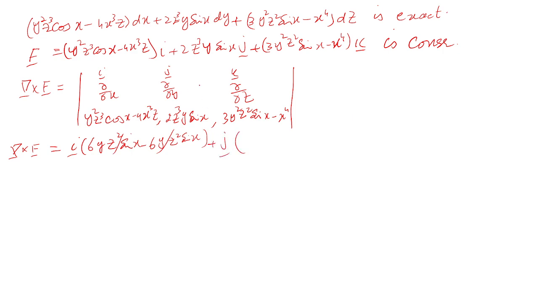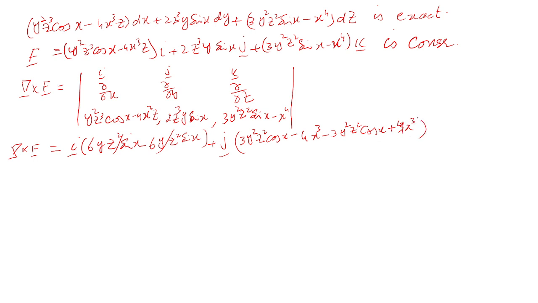Then j, so this will be differentiated with respect to z, so that is 3y square z square cos x minus 4x cube, minus, this will be differentiated with respect to x, so instead of sin we have to write cos, 3y square z square cos x, and this will become plus because we have a minus sign already, so that is 4x cube.